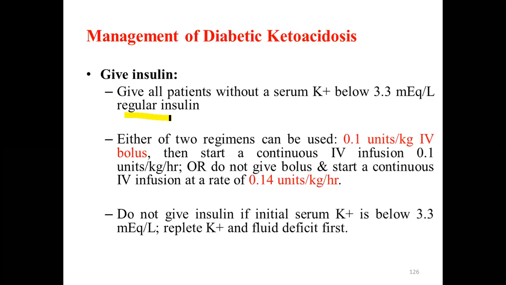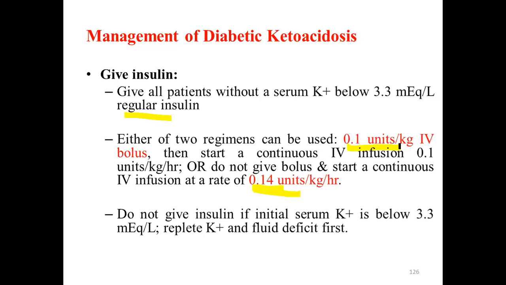There are two types of regimen we can give. Either bolus, then continuous infusion, or you just give them continuous infusion of 0.14 units per kg per hour. You can give them either 0.1 unit per kg bolus, then continuous infusion of the same per hour until the acidotic condition is resolved.